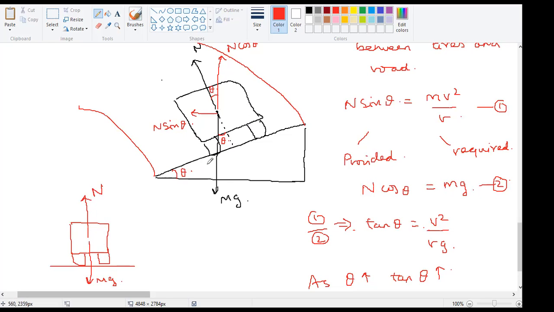But because of this angle here, you tilted the normal reaction. So the normal reaction was tilted this way. Since I'm tilting the normal reaction, some part of the force is acting towards the center. And that's why we are trying to use the banking.